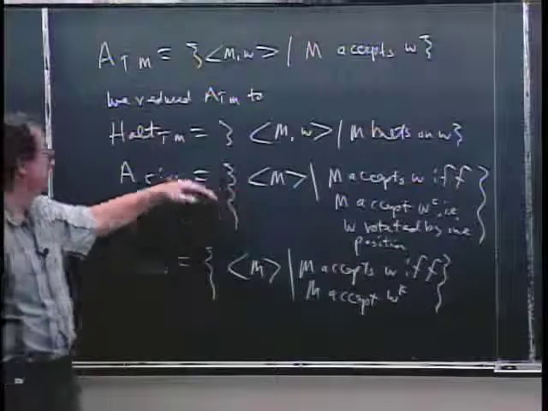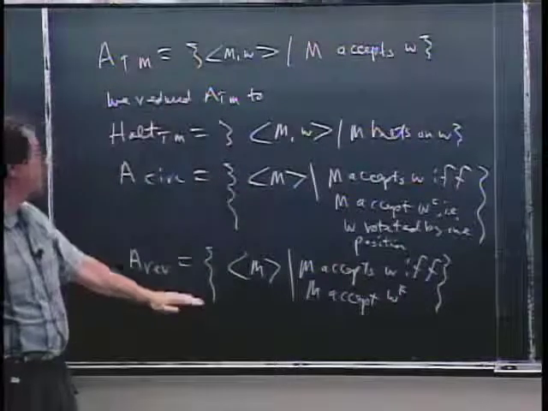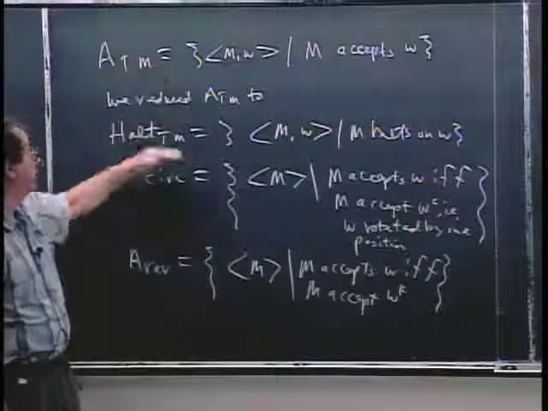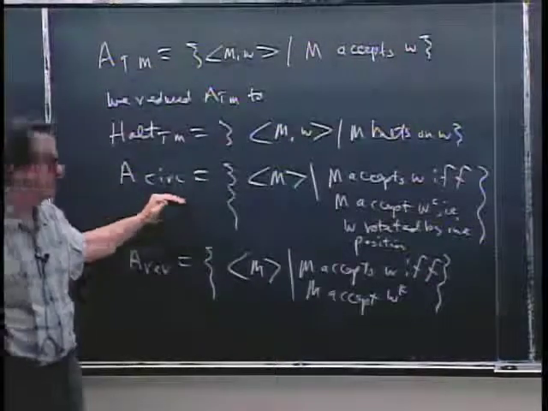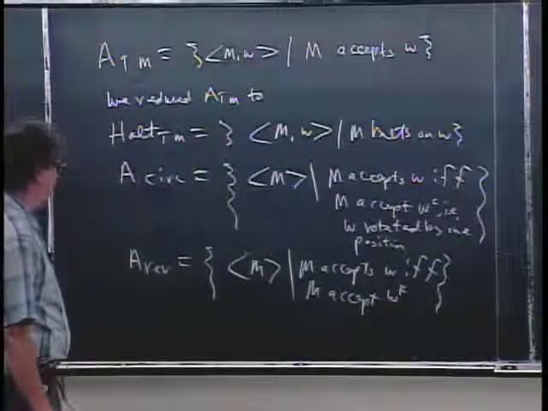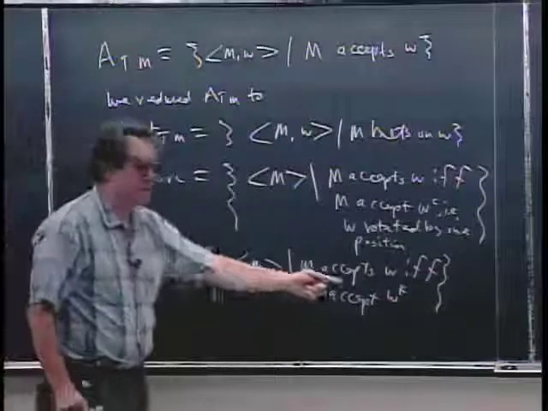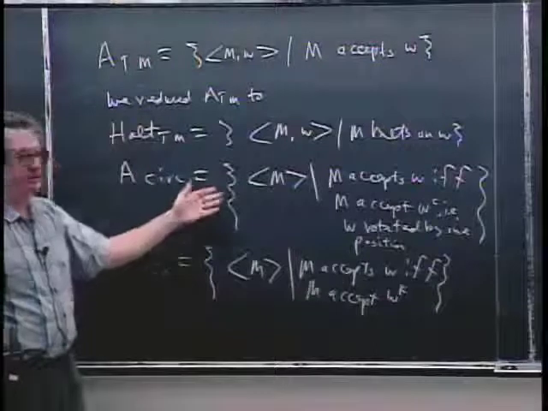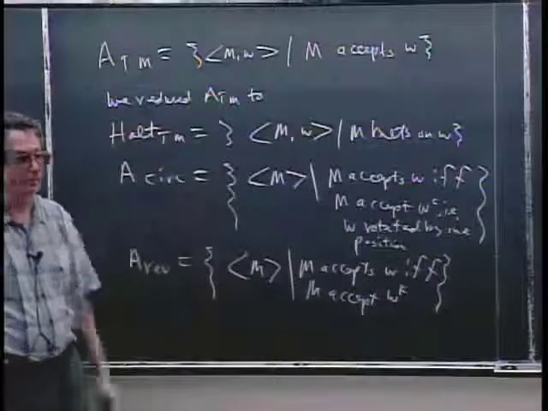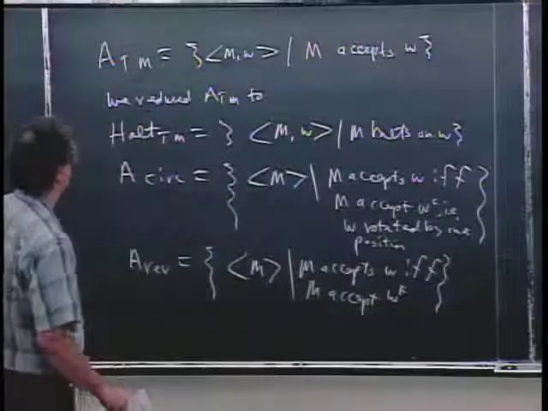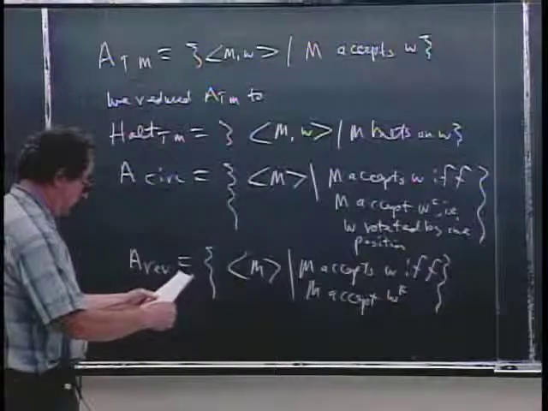So the reduction of ATM to this is similar to the reduction of ATM to that. That's why we did this one in detail, because if you just saw this problem on your homework without having seen something like that, it would really be too hard. Okay. Now let's do some more.